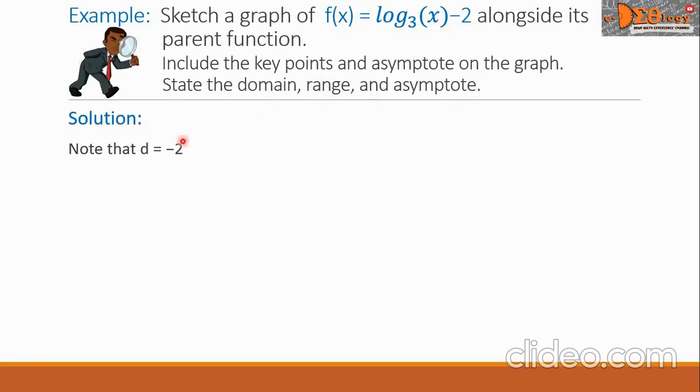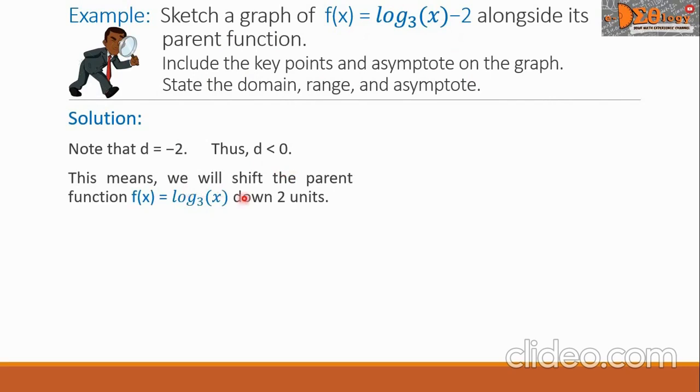First, let us note that in the problem, the value of d is negative 2, or we say that d is less than 0. So this means we will shift the parent function f of x equals log of x to base 3 going down 2 units.